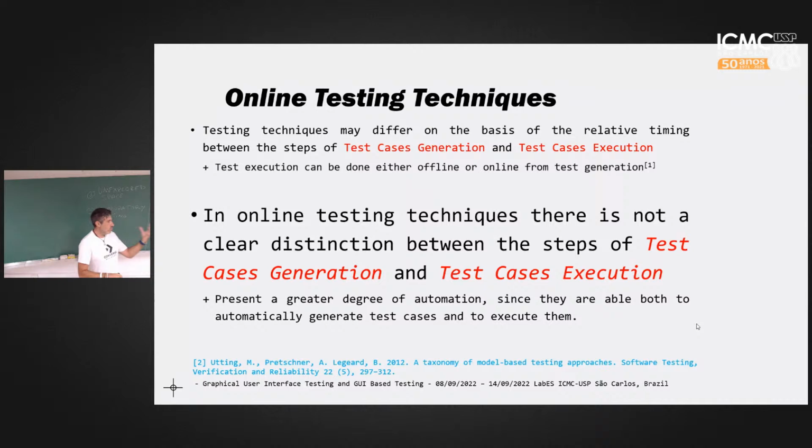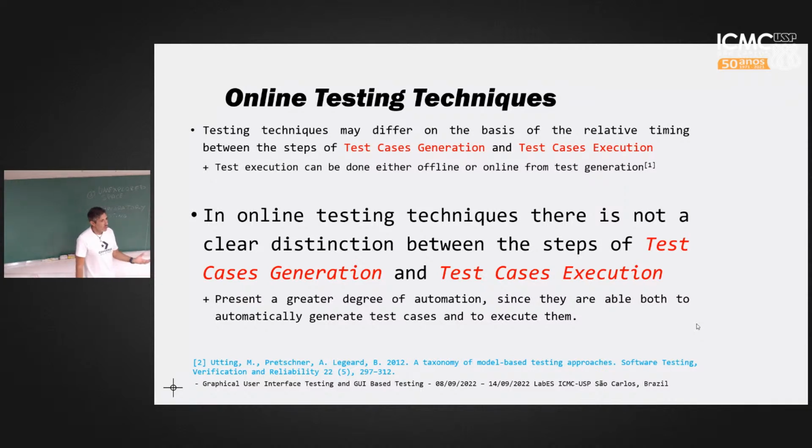When you execute an event on a GUI, usually the GUI changes. In the classical example of the login page, I insert the username and the password, then I click on login or submit, and the user interface changes.